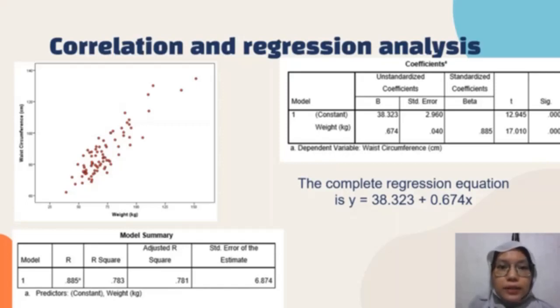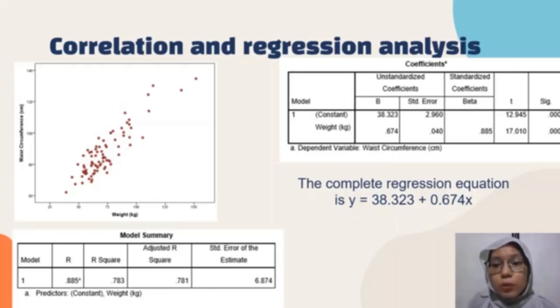The y-intercept is 38.323, indicating that when the weight is 0 kg, the waist circumference is 38.323. The slope is 0.674, meaning that when the weight is increased by 1 kg, the waist circumference also increases by 0.674 cm.